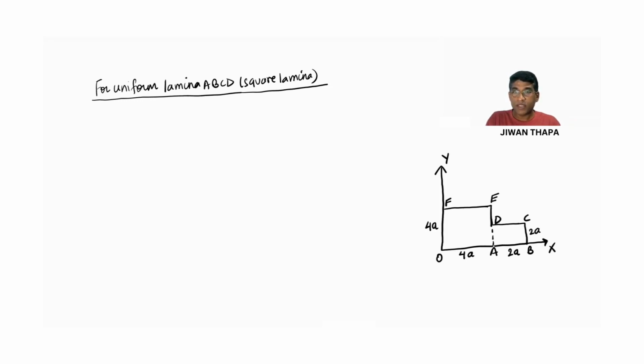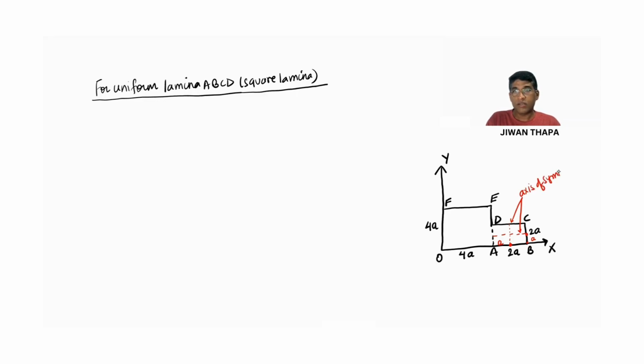Length AB is twice A. Let the midpoint of AB be this, and this distance is A. Let the midpoint of BC be at this position, and this distance is A. Let us draw a horizontal line and a vertical line.